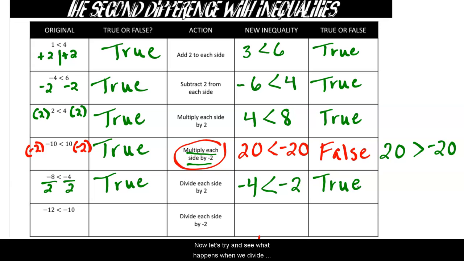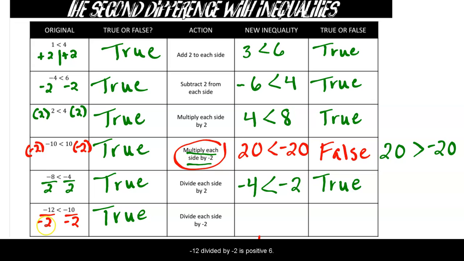Now let's see what happens when we divide each side by a negative 2. First of all, negative 12 is less than negative 10. That is true, because negative 12 is more negative than negative 10. But now let's see what happens when I divide each of these by a negative 2.